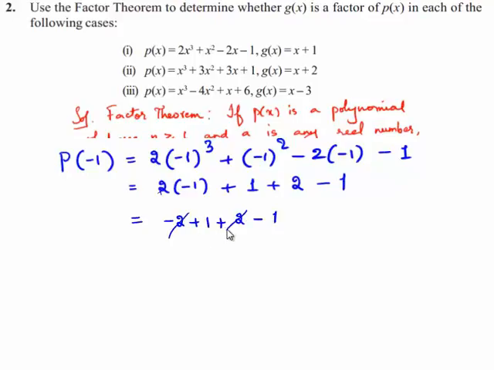Minus 2 and plus 2 get cancelled. 1 and minus 1 also get cancelled, which becomes 0. Therefore, P of minus 1 is equal to 0.